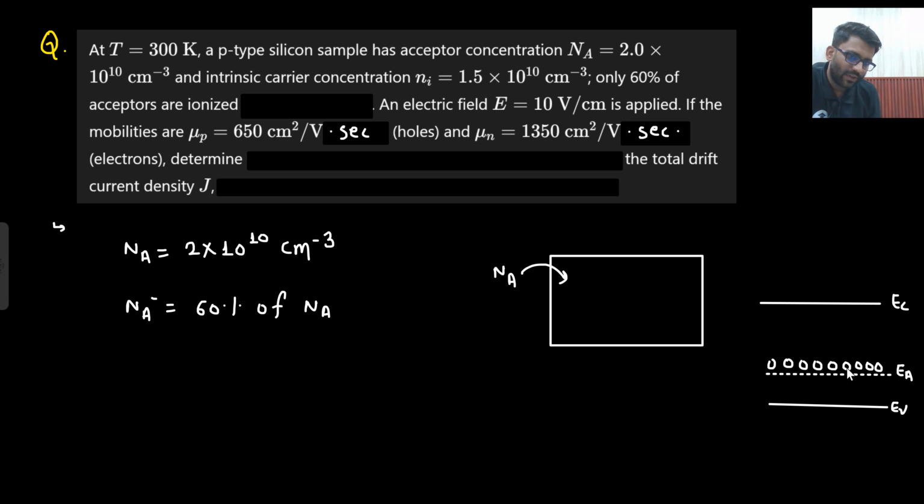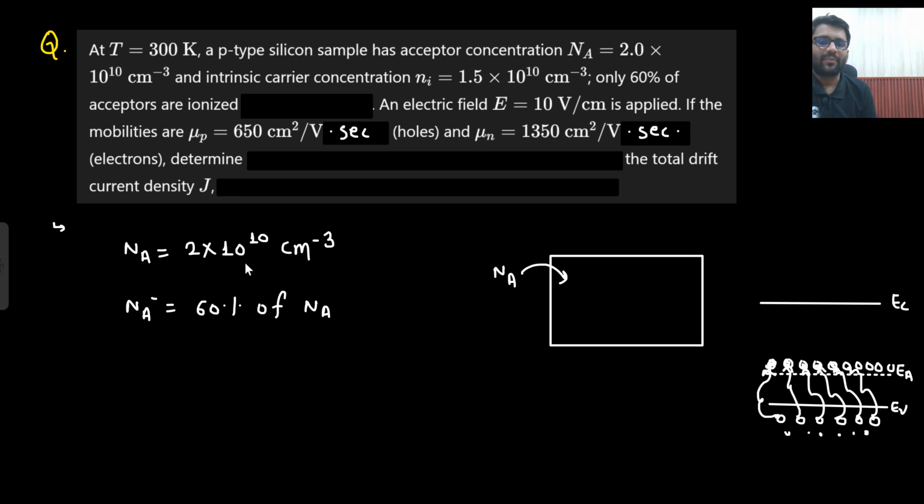And here there are a lot of bound electrons. Now what really happened was only 60% of them were ionized. That means only 6 electrons came, so here only 6 holes you get. So in the valence band you are actually getting only 6 holes.